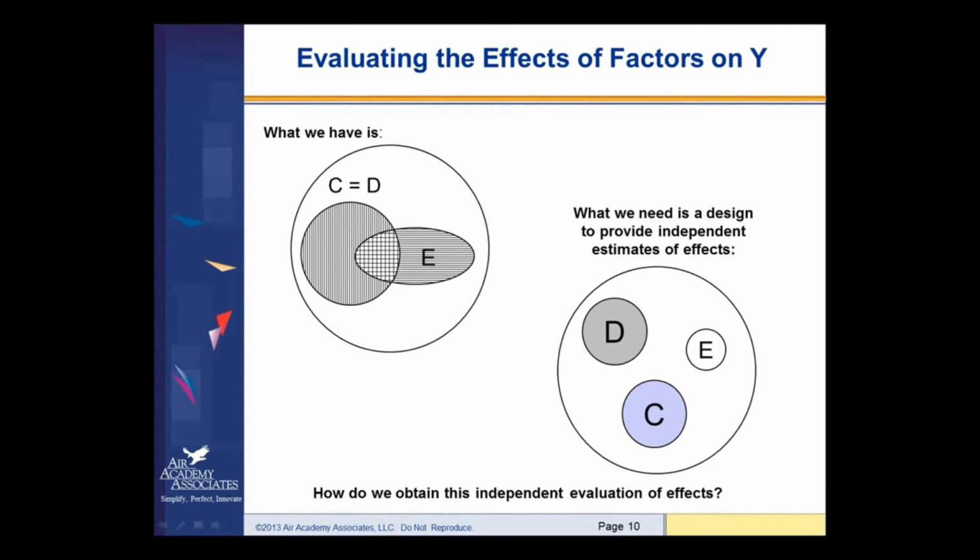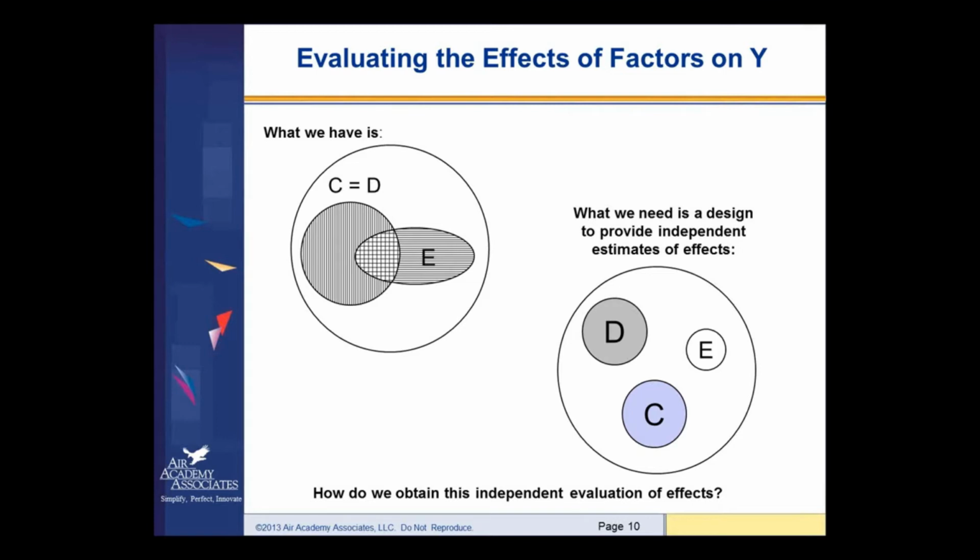So what we really have from a Venn diagram point of view, in the previous design, if you look at the big circle in the upper left, that big circle represents the total variation in Y, and the circle labeled C equals D, that's the portion that would be explaining some of the differences in the Y's, but we cannot tell how much of that circle is C and how much of it is D. The aliasing pattern is creating this type of situation. So it won't allow us to determine how much of that circle is C and how much is D.